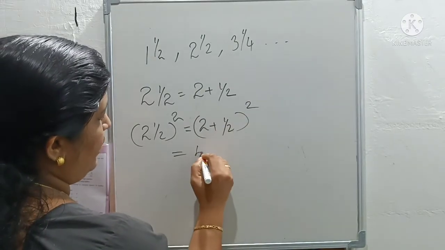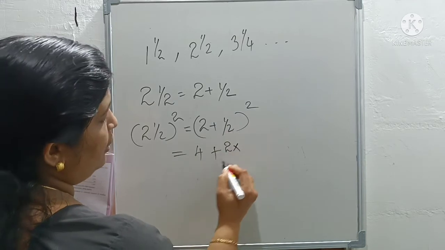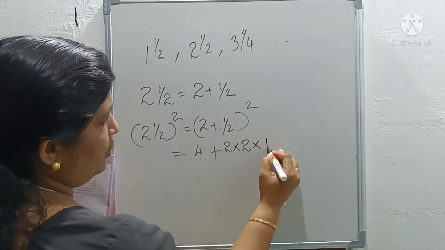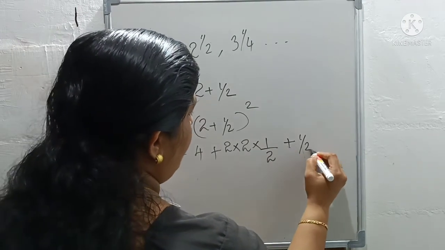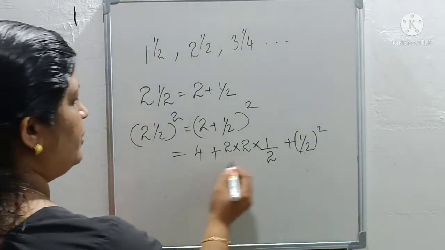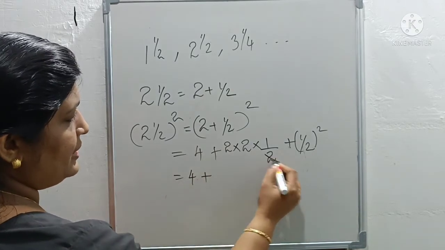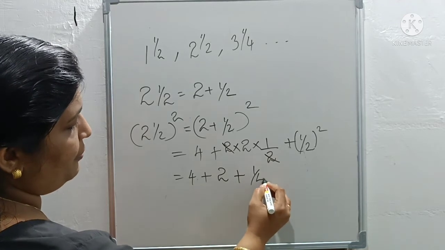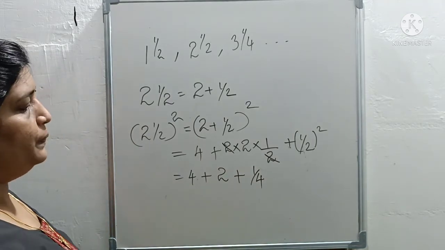That is 2 squared, which is 4, plus 2 into 2 into 1/2 plus (1/2) whole squared. Here the 2 and 2 get cancelled, so 4 plus 2 plus 1/4.